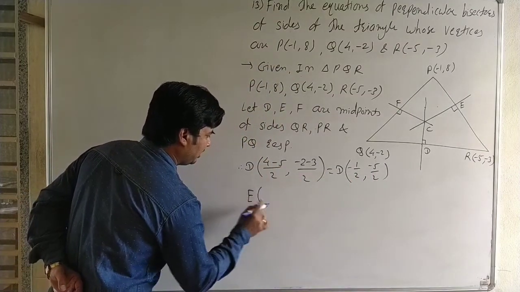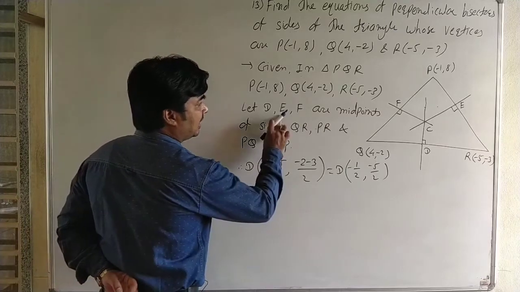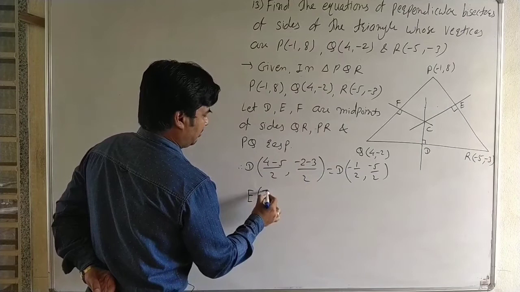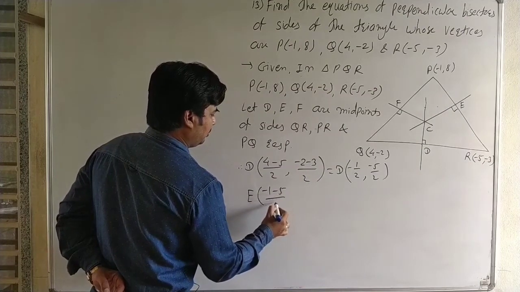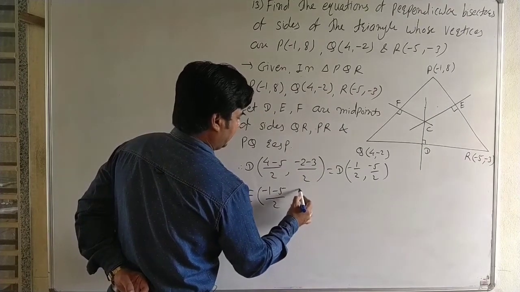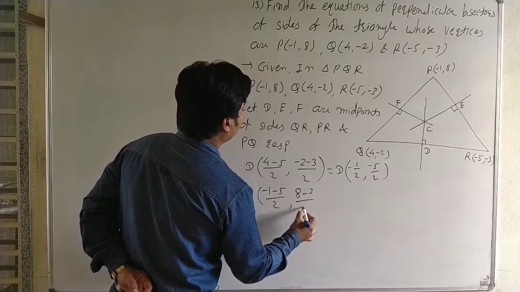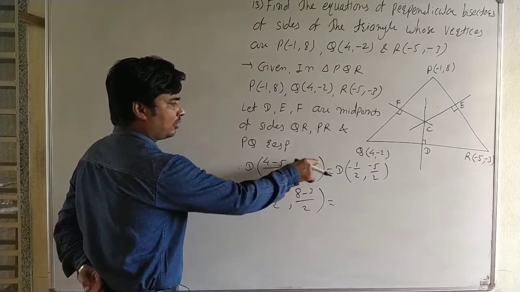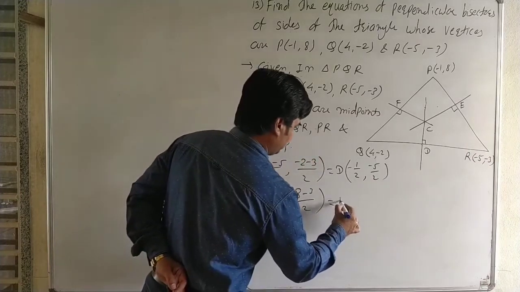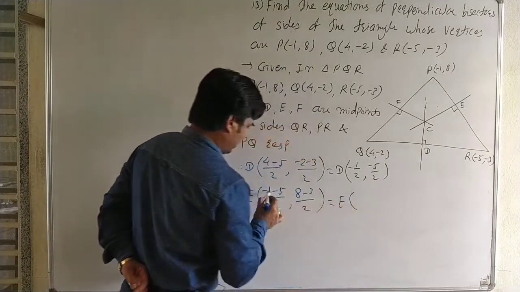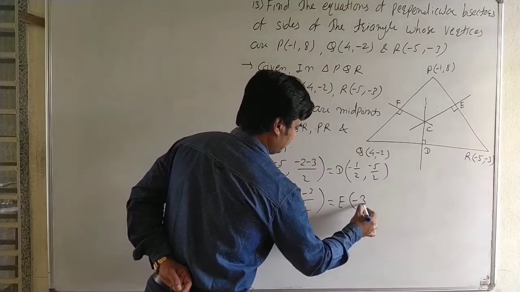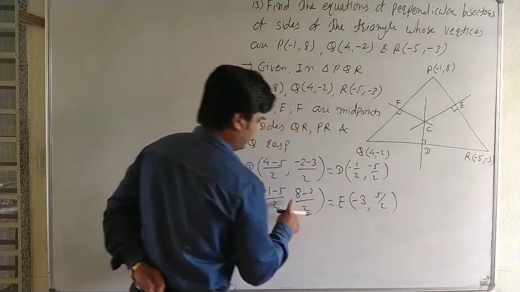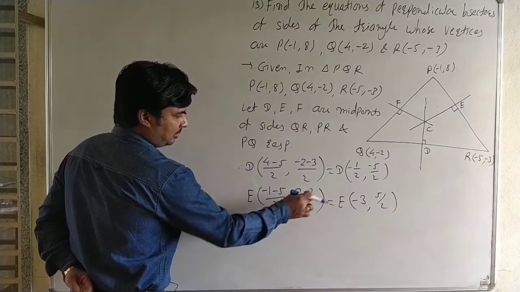Coordinates of point E. Okay, E is a midpoint of PR. Therefore, we can write (-1 - 5)/2 and (8 - 3)/2. We know the formula for the midpoint: (x1 + x2)/2, (y1 + y2)/2. Then E is (-3, 5/2).